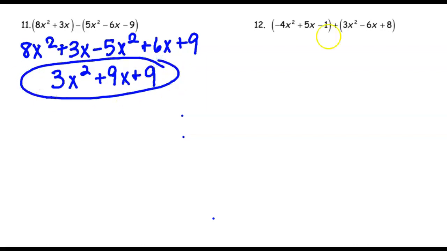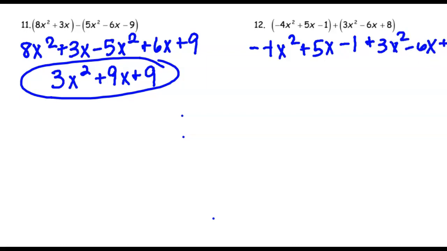Okay, with number 12, we're just adding, so we just distribute a negative 1. So let's rewrite it without the parentheses. Plus 5x, minus 1, plus 3x squared minus 6x plus 8. Whoops, that goes over there. Now when we combine our like terms, we're going to get negative x squared minus x plus 7.